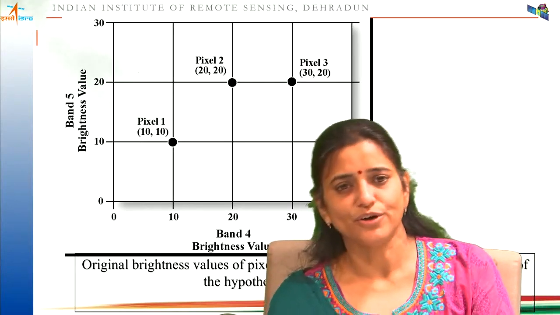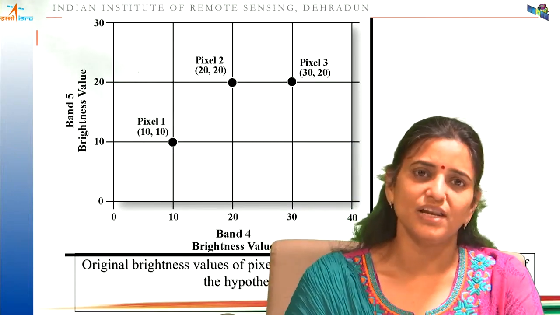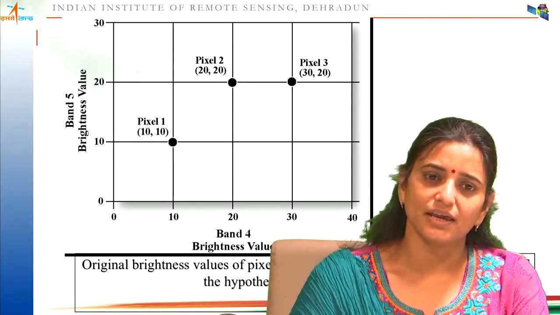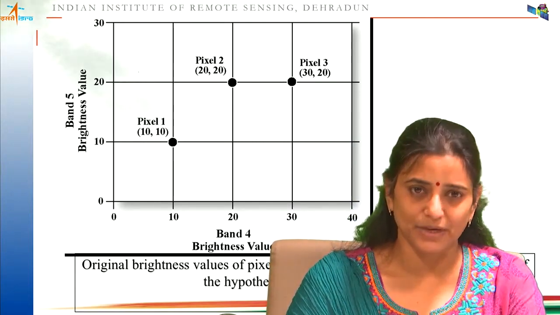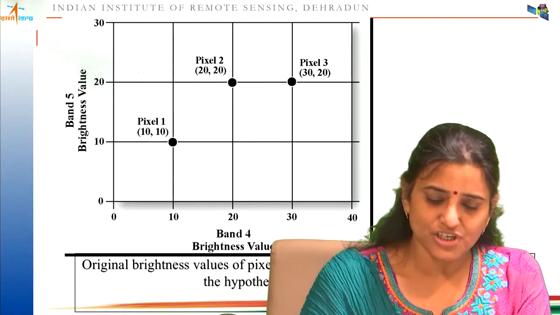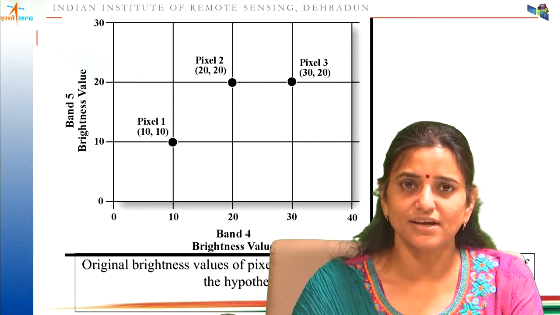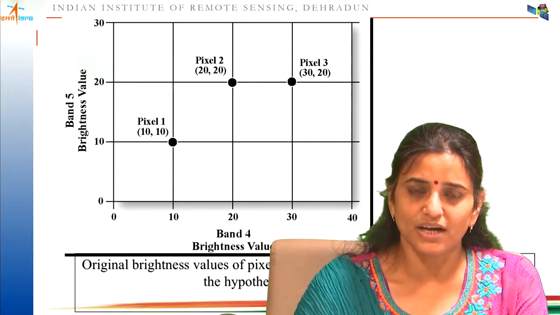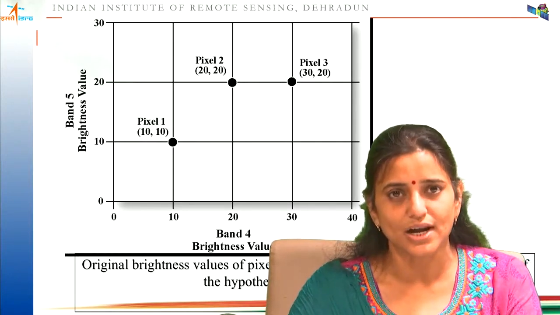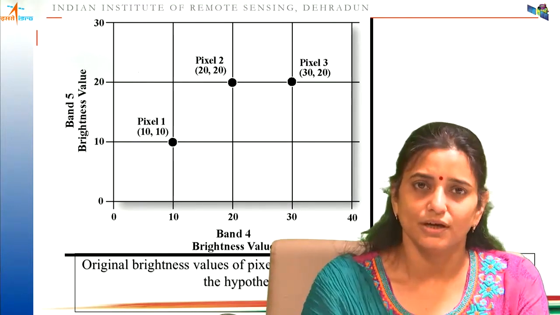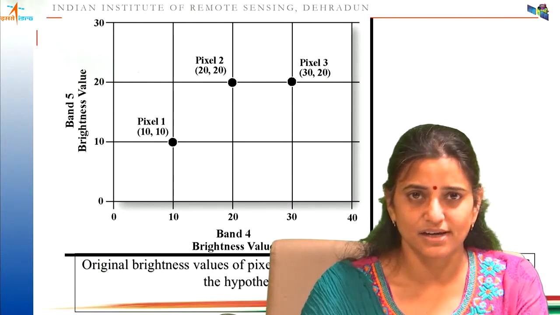In pass 1, the system will sequentially evaluate each and every pixel. So, sequentially it will go to pixel number 1. It will check whether pixel number 1 should create a new cluster or merge into an existing cluster.